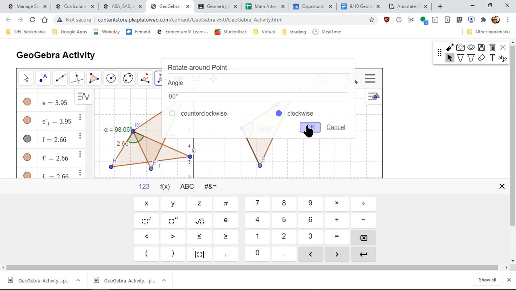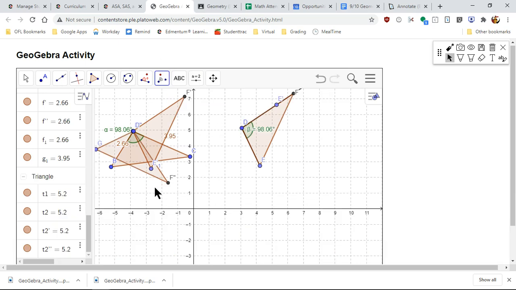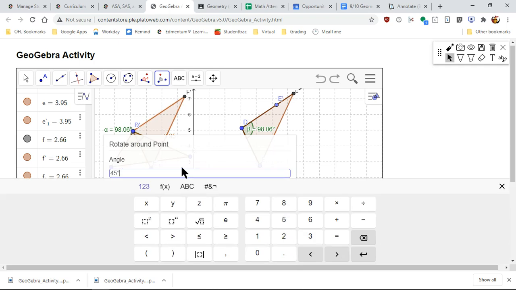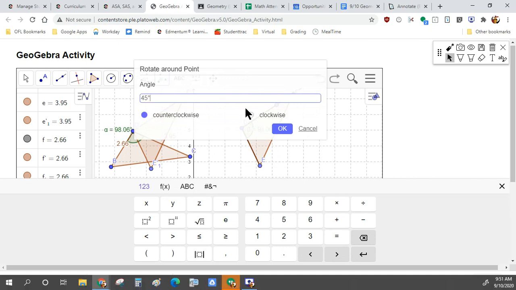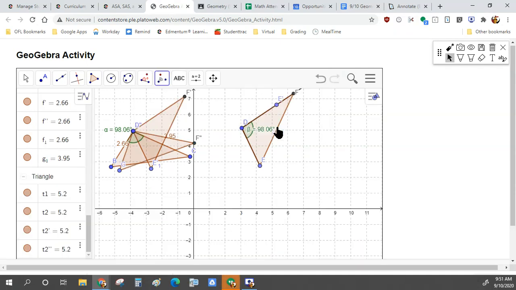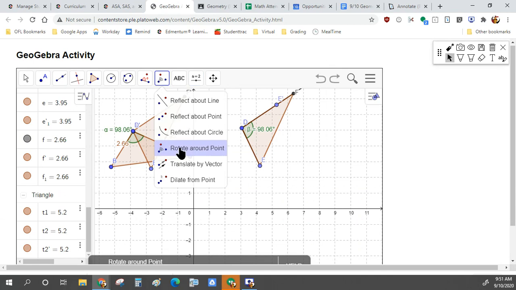Let's see how far I am from this. Nope, too far. So let's try something kind of in the middle. I'm going to try like 40 degrees. It's already on that rotate, that's why I'm just able to do this. Let's try 45 degrees. Do it clockwise. Little bit more. I need a little bit more than that.